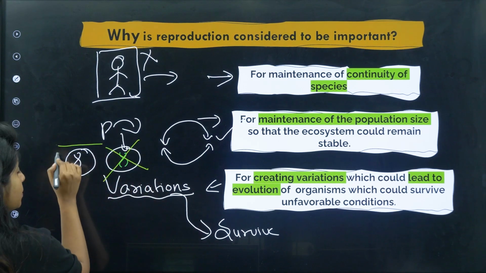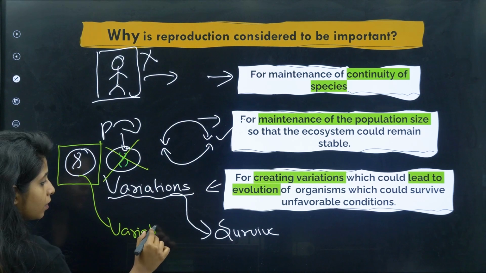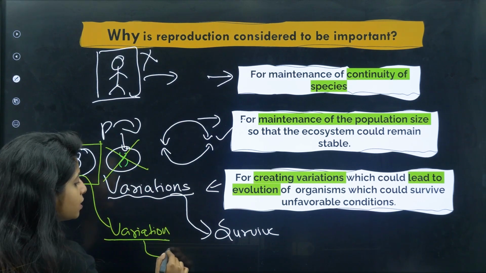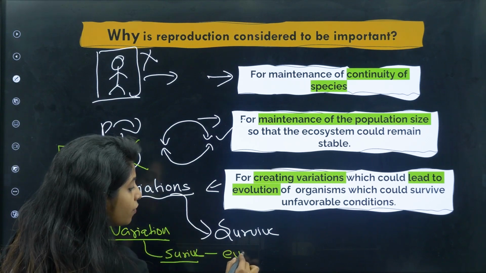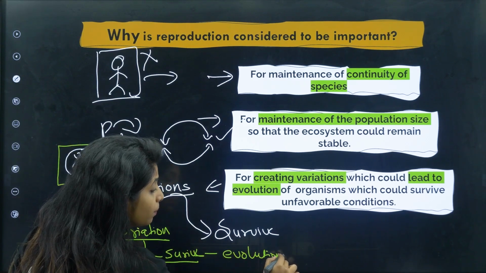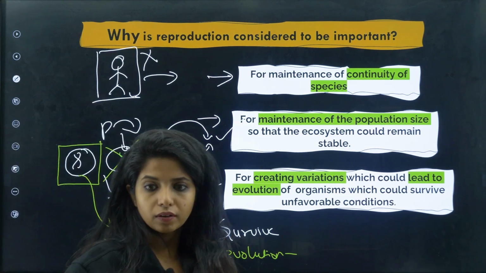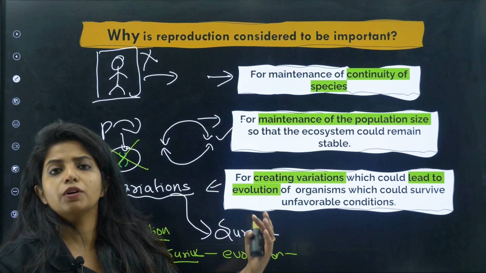But since this particular bacteria which had the variation to survive during hot climate, it will survive, and now it will show evolution. Now it will be the first one to be there, and it will slowly reproduce. Similarly there will be other bacteria, they will keep on reproducing.